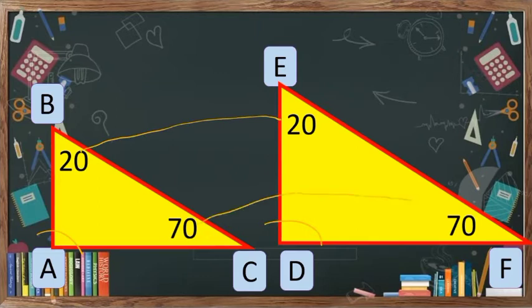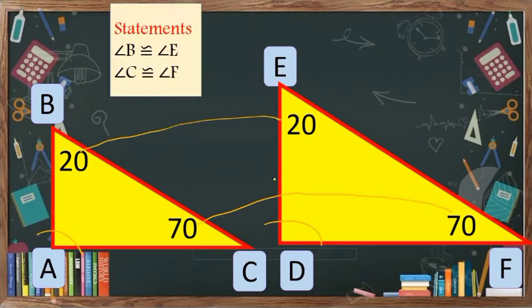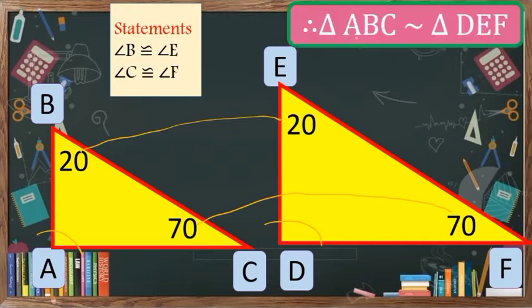We have here two pairs of congruent angles from these two similar triangles. Those are angle B congruent to angle E, and angle C congruent to angle F. Therefore, triangle ABC is similar to triangle DEF by AA similarity theorem.